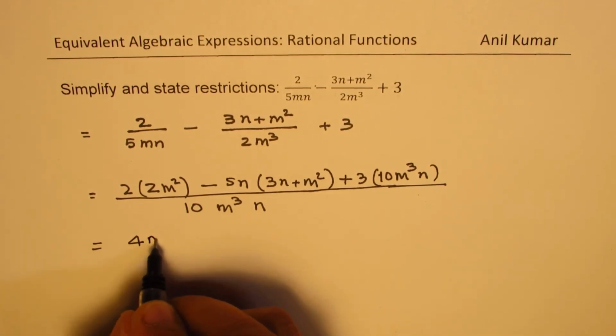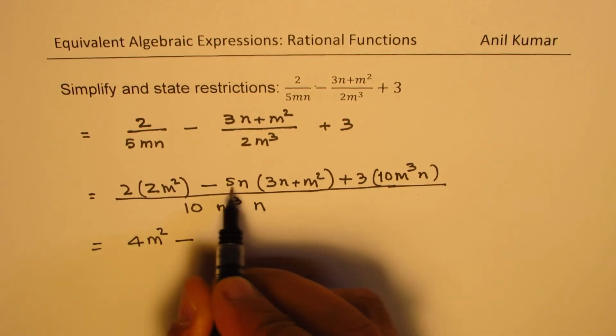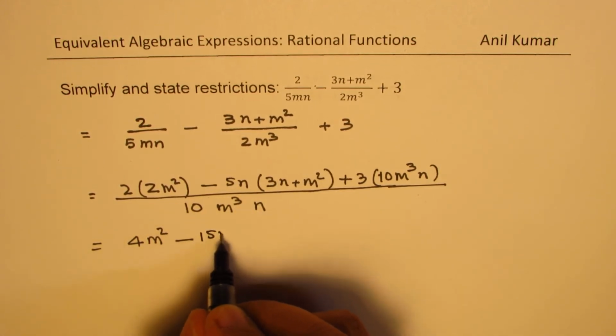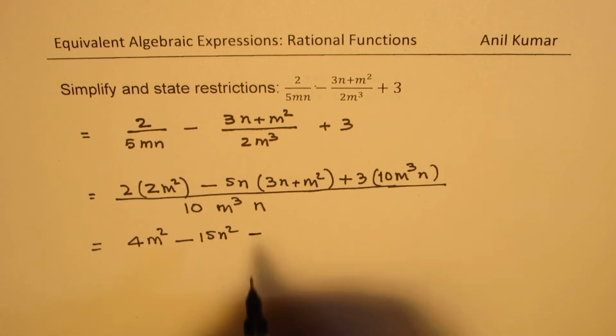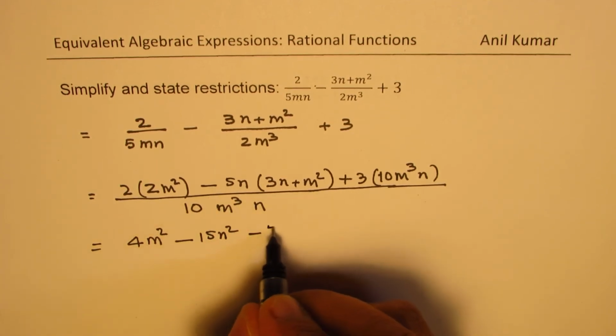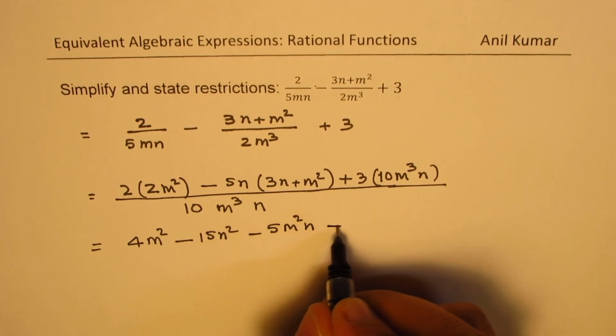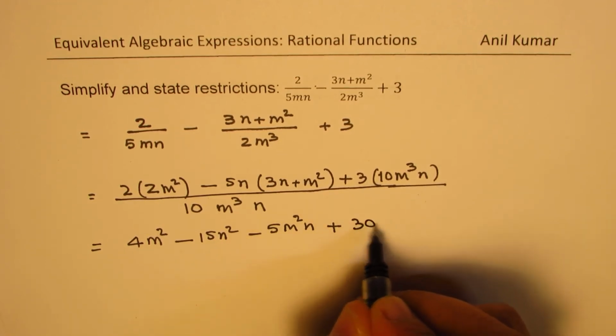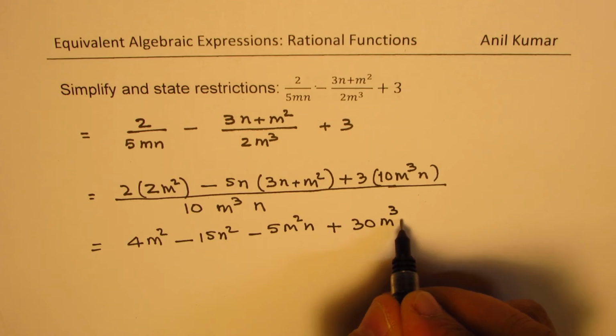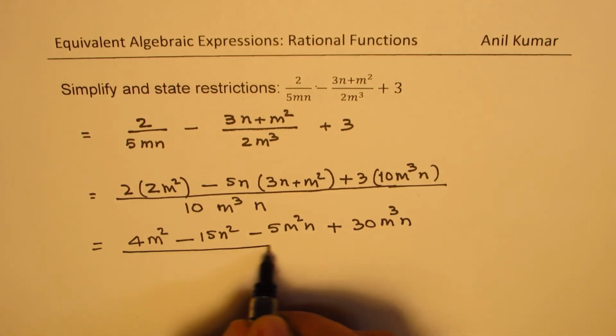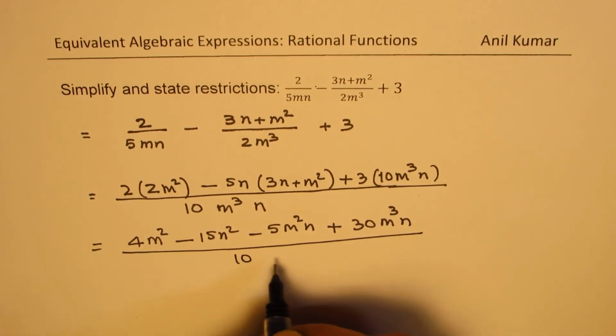So we get 4m square minus 5 times 3, 15n square. Change the sign. 5m square n, and then here we get plus 30 m cube n, right, over 10 m cube n.